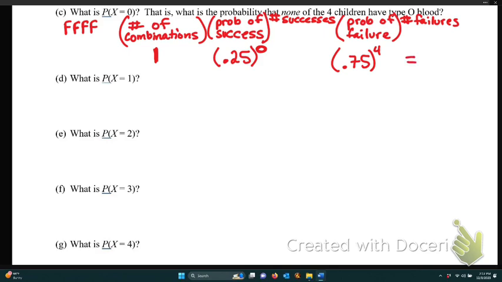So in these 4 children with a probability of success of 0.25 each time, what is the probability that none of them succeed? They all fail. 0.3, we're going to go 4 decimal places. 0.3164.